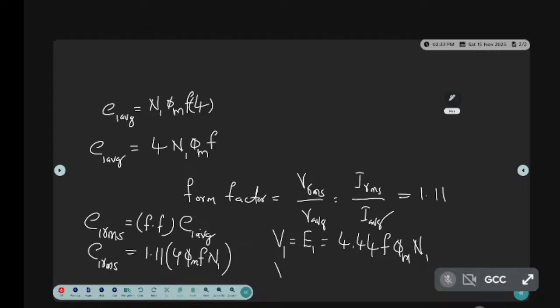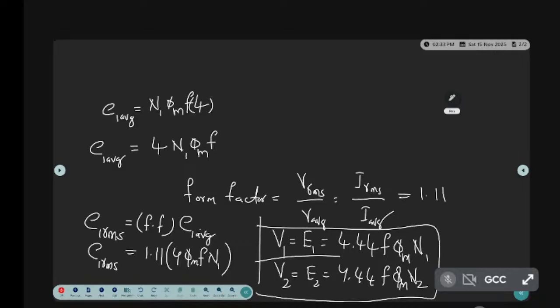If it is E2, it is 4.44 f Φm N2. This is the EMF expression of the transformer. You can write any one.